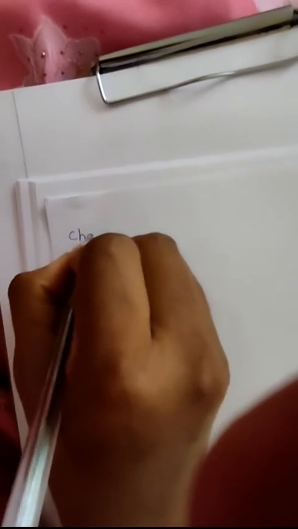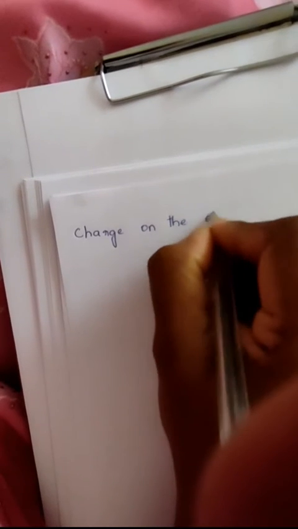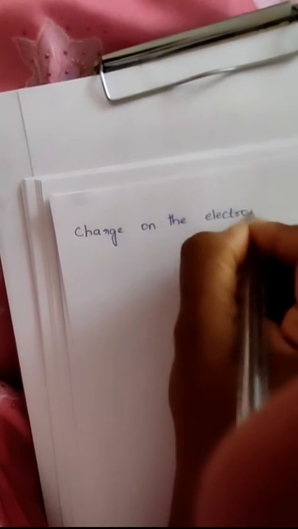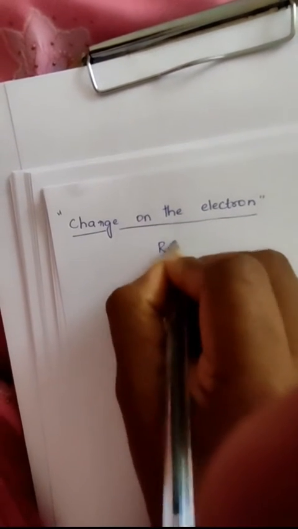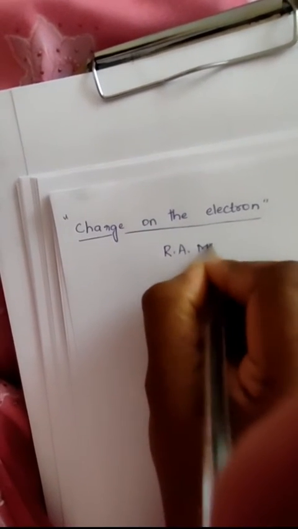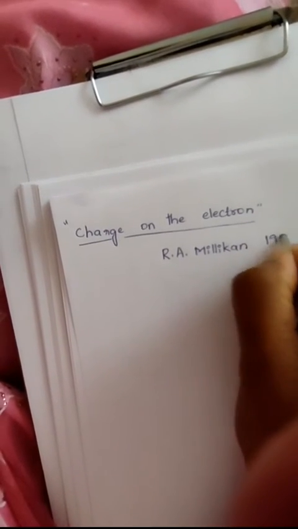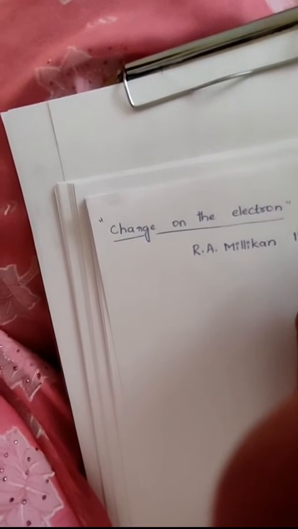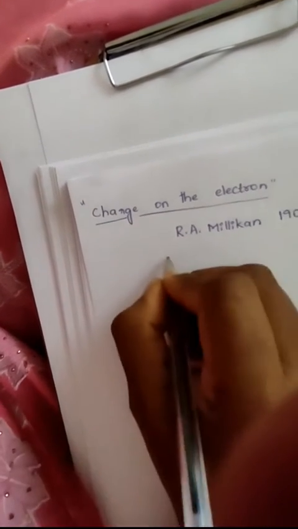Next one, charge on the electron. R.A. Millikan, in the year 1906, through his experiment, Millikan's oil drop method, discovered the charge on the electron.